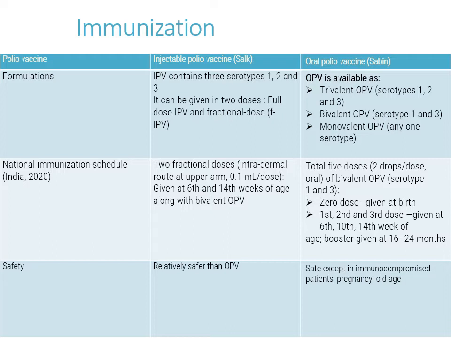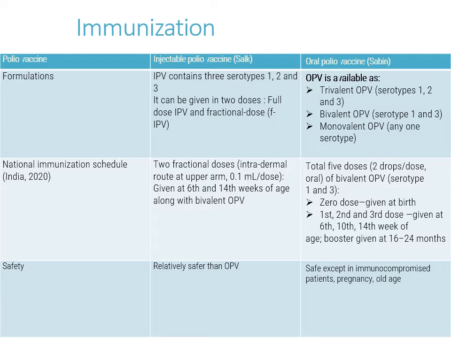Then the national immunization schedule. So a total of 5 doses are given for the oral polio vaccine, which I will tell you in the next slides. That is, a 0 dose is given at the time of birth. Then the first, second, third, when you give vaccination for DPT, that is diphtheria, pertussis, tetanus, at the 6th, 10th, and 14th week of age of the child, and a booster is given at 16 to 24 months.